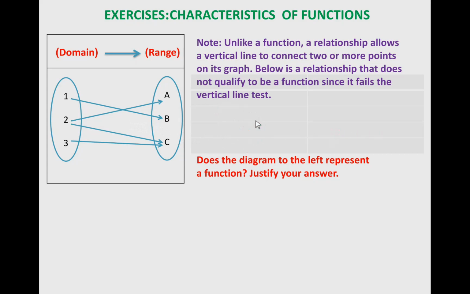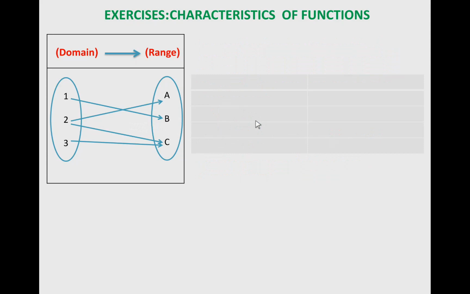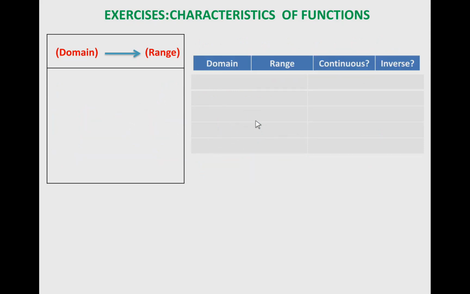Let's go ahead and take a look at real world functions. So this is the domain and this is the range, and the data is from real world data. We want to check to see if the function is continuous and if the function has an inverse.